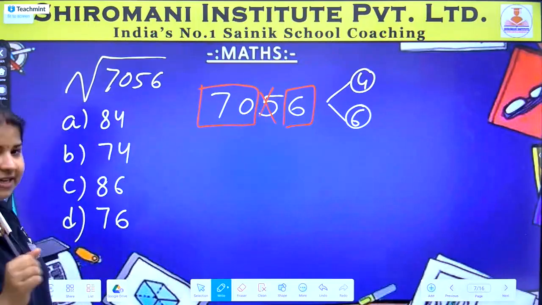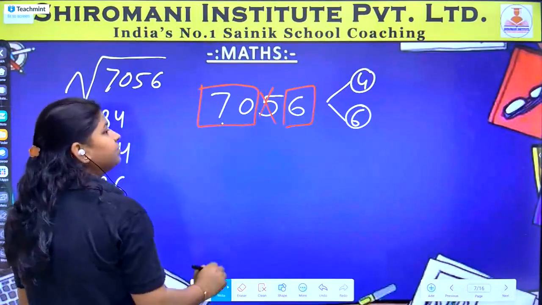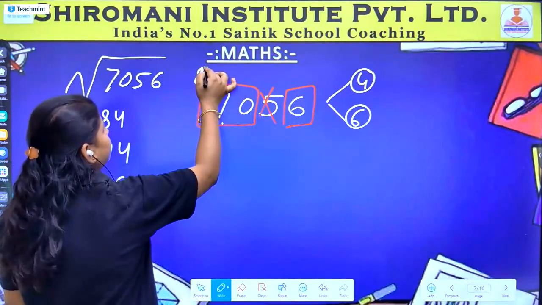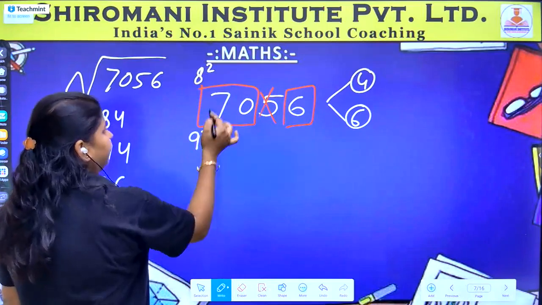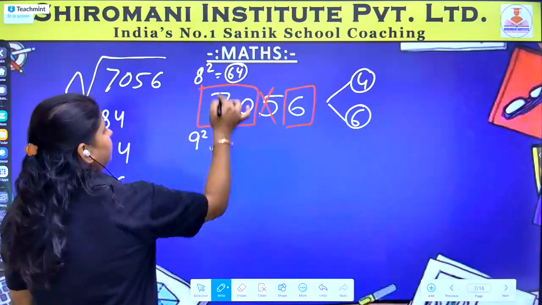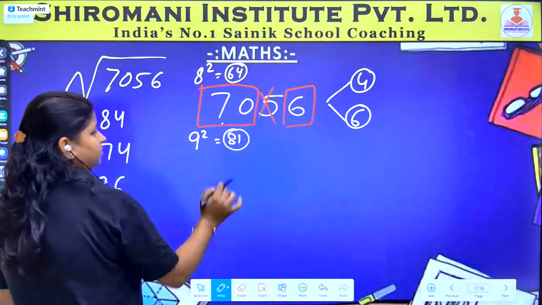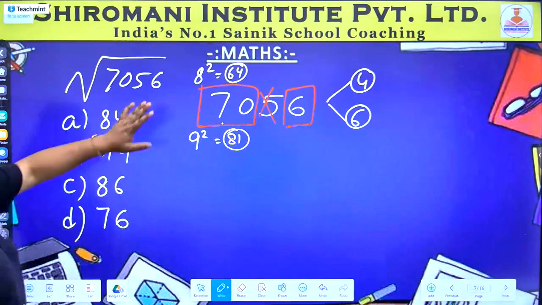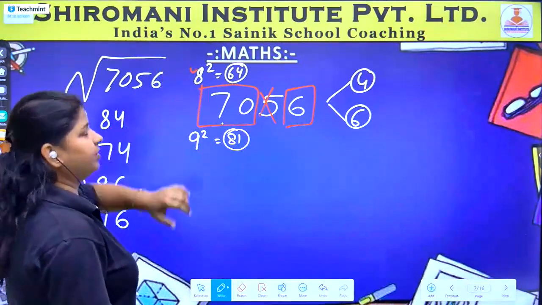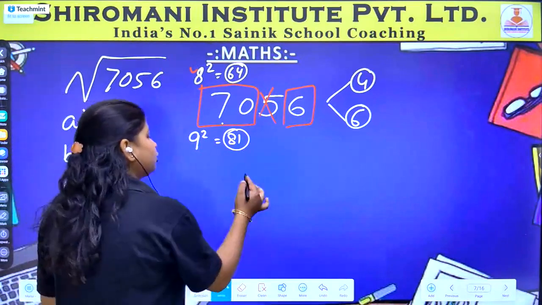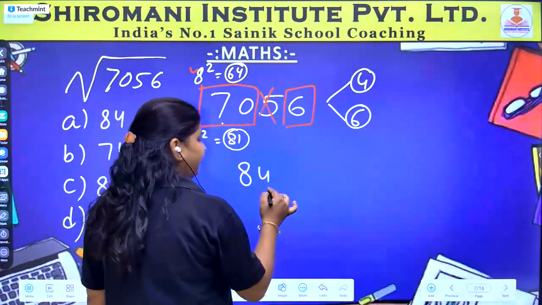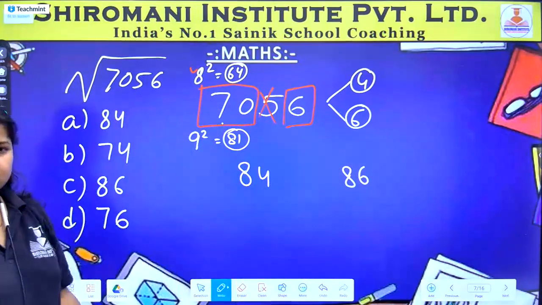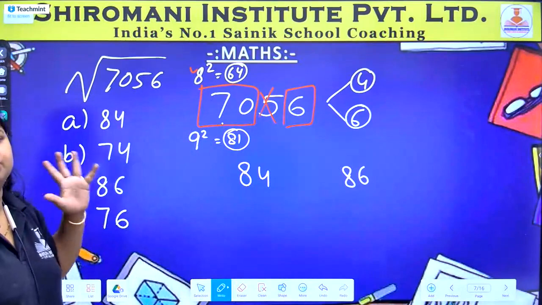This 70 comes between the squares of 8 and 9, right? Because 8 ka square is 64, 9 ka square is 81. So it comes between 64 and 81. I will take the lesser number, which is 8. So my answer is either 84 or 86. But both I have in the option.